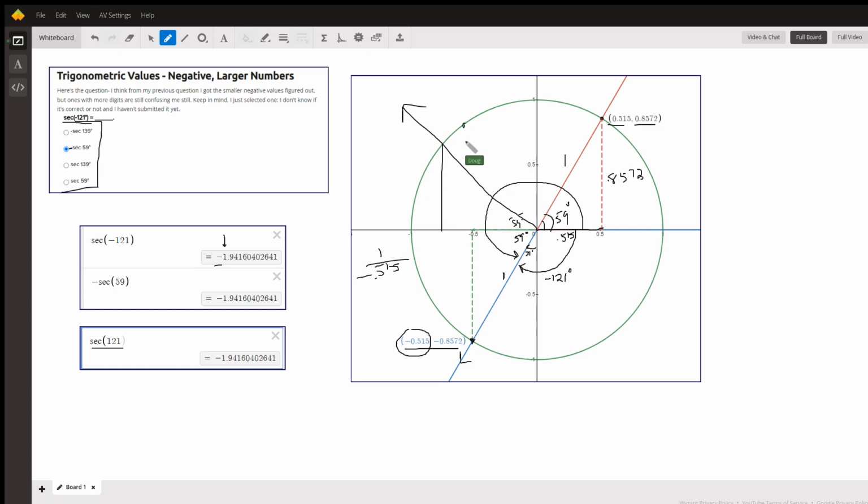It would actually be up here. There'd be your reference triangle. And this distance would be negative 0.515 still. Radius is 1. 1 over that number gives us the secant. So the secant of positive 121 is also the same.